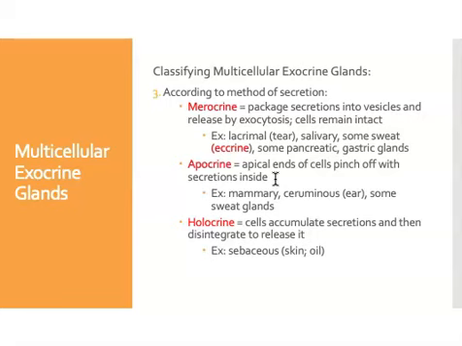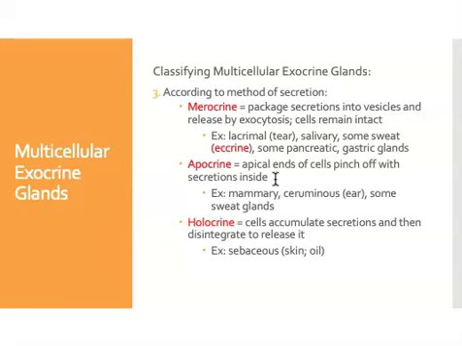So, in other words, the cells that are making this type of secretion are going to lose their apical ends. Remember, there's an apical surface to an epithelial cell and a basal surface. So literally, a whole region of this cell is going to break away, carrying the secretion with it.